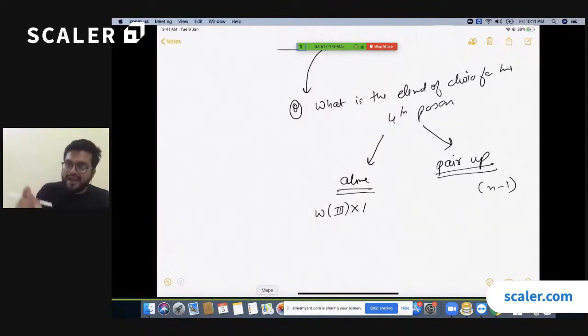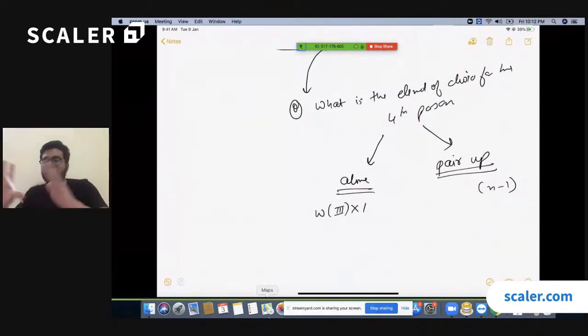The moment I pair up with somebody, let's say I paired up with the 2nd person, it means that the 2nd person and I are occupied. We cannot pair with anybody else, but the remaining 2 persons can do whatever they want to. So whenever the 4th person comes and pairs up with any one of the 3, 2 persons out of these 4 people are paired up.